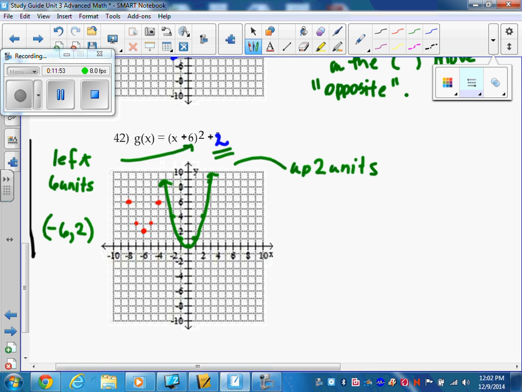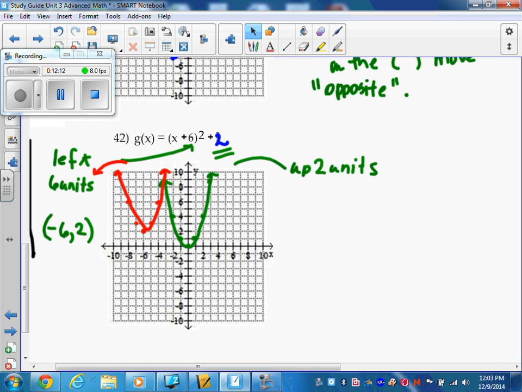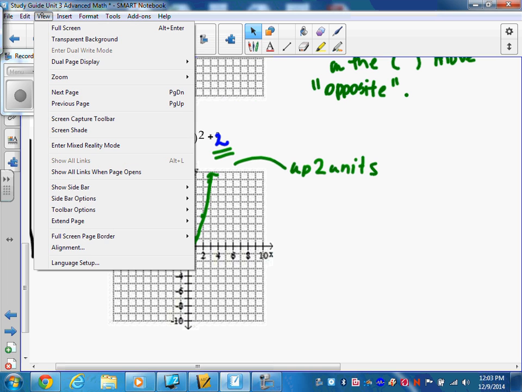So that's going to be off the grid. So we're going to make this work like this. So this would be an alternate way to explain this. This indicates that this is left 6 units, and this indicates that this is up 2 units. So that would be the explanation for that one.